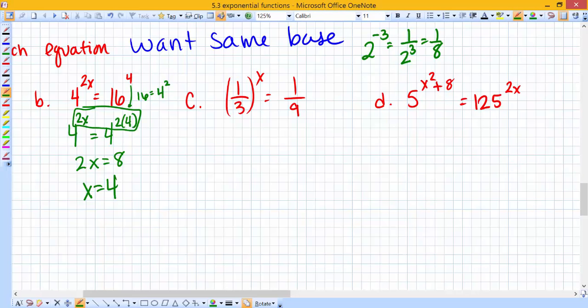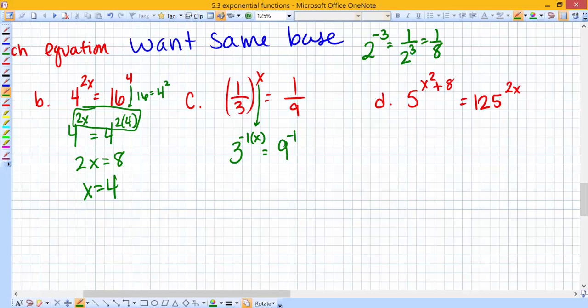So I'm going to put these back with negative exponents. I'm not going to worry about changing the base yet. So 1/3 can be rewritten as 3 as long as I put a negative exponent. So just a -1, and I bring the x down. 9 is 9 to the -1.